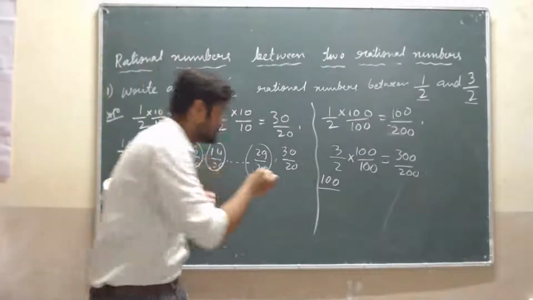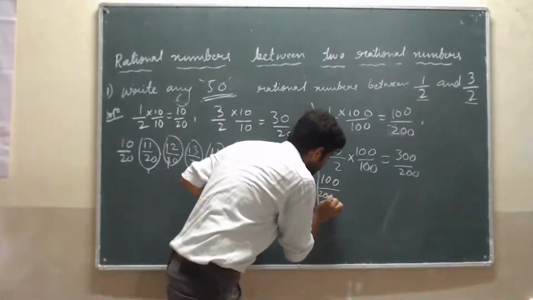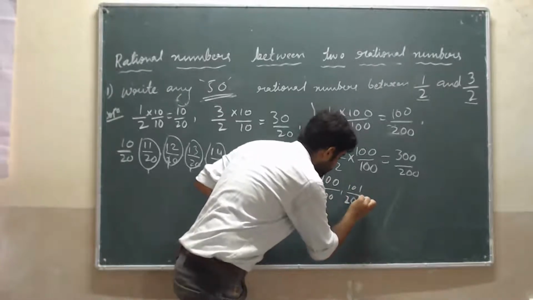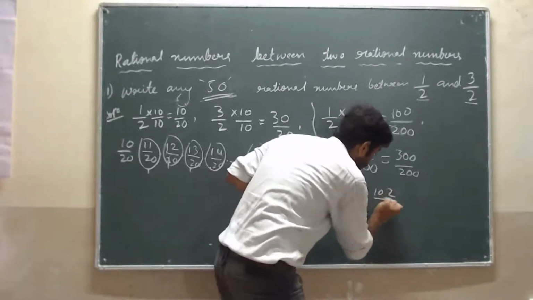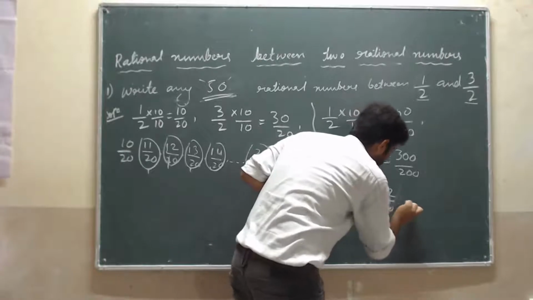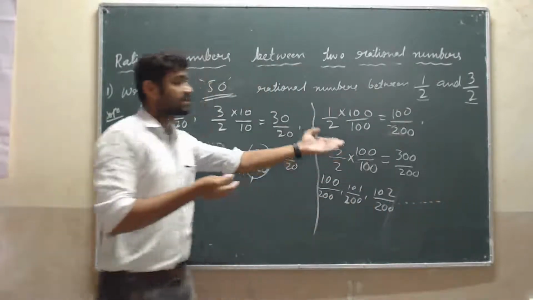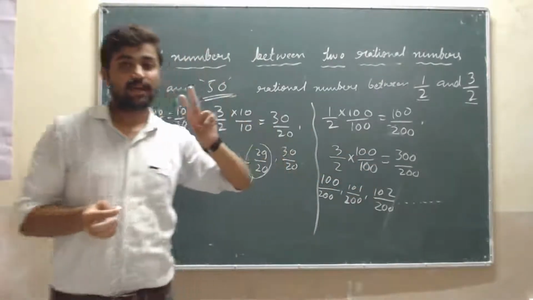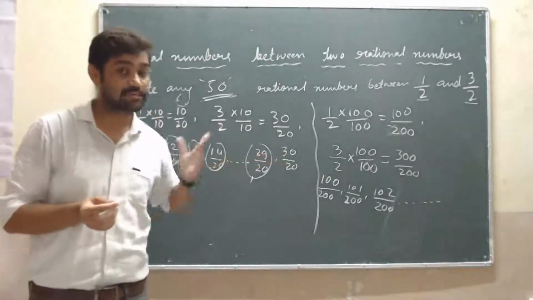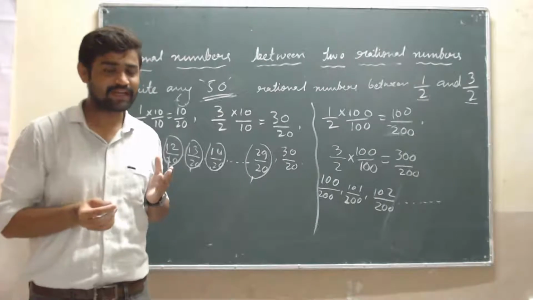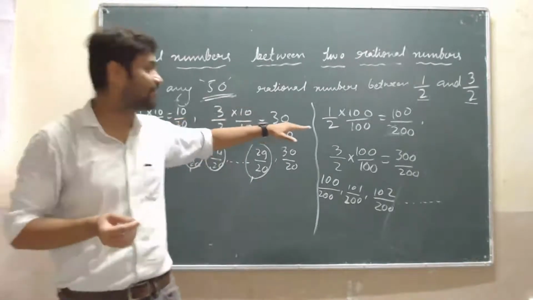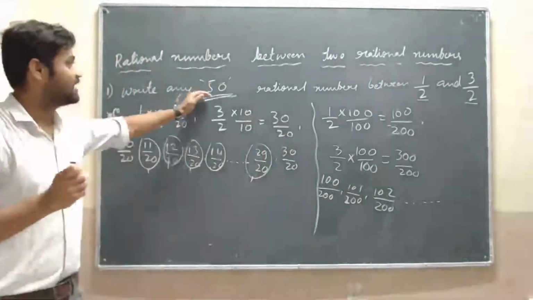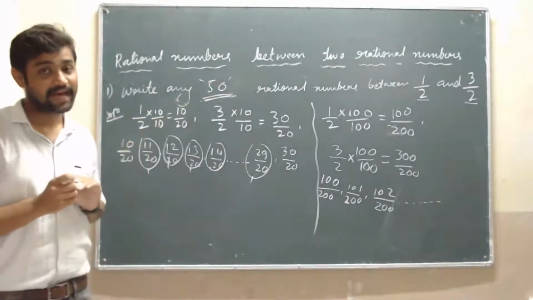So take 102 divided by 200, like this. Literally, a maximum of 200 rational numbers we will get. Like that you have to increase accordingly. Whatever is asked, you have to improve on it. Okay, are you getting my point? Yeah.